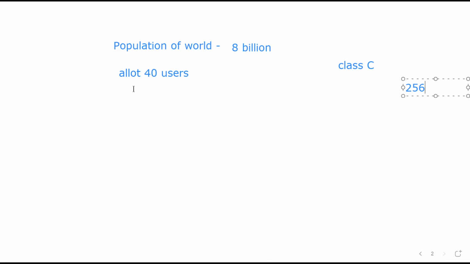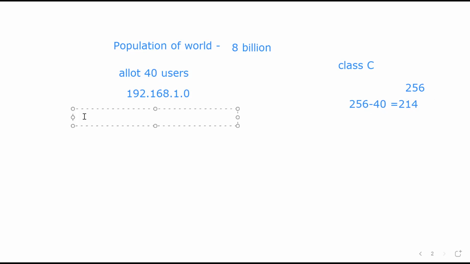Let me take our starting IP 192.168.1.0. So 256 subtract 40 is equal to 216, right? And two IPs are fixed, as you all know, for the network and broadcast, right? Let me write this network like this.